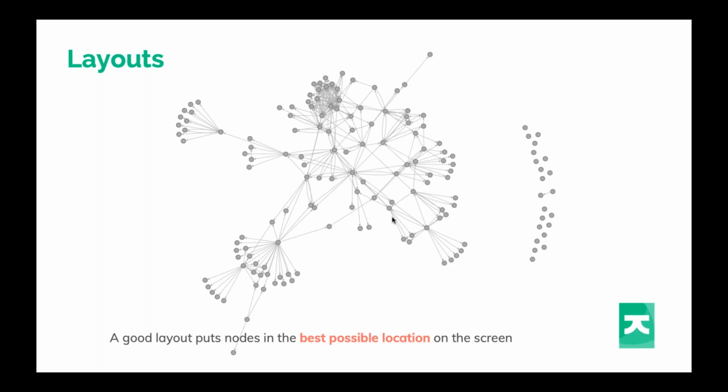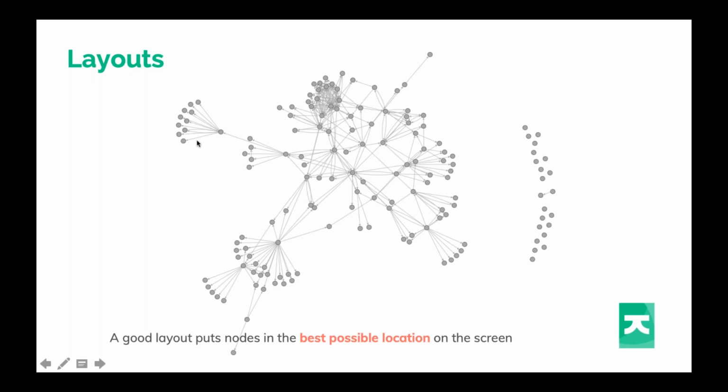It's good because it tells you things. It tells you, for example, that these nodes up at the top are very closely connected. They all talk to each other. If these were people talking to each other, or machines, or financial transactions linked to each other, we can see that this is a very dense area of the network, whereas in other parts, like over here on the left, we can see a very different shape to the data.